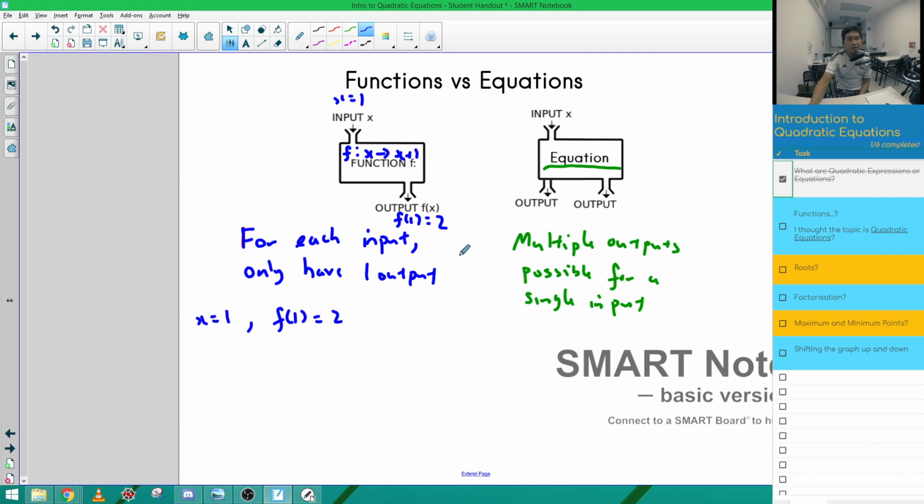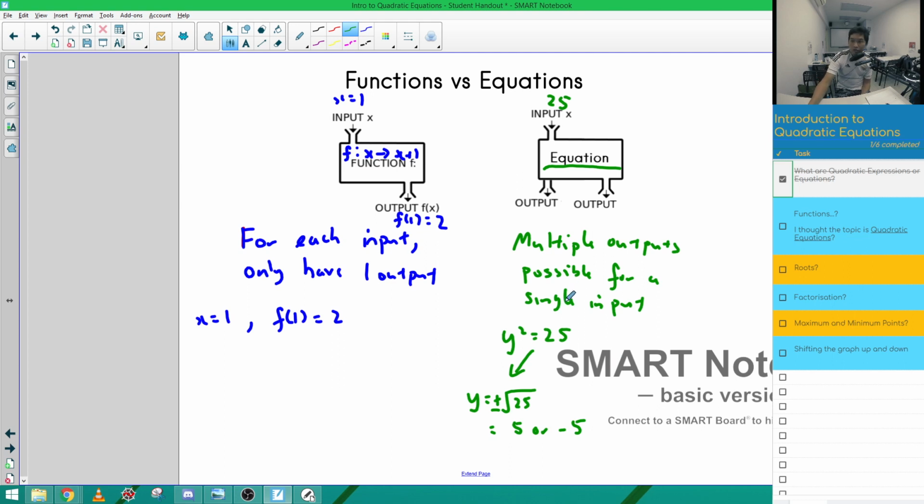Let's look at equations. For example, I have an equation like this: y squared equals, say, 25. If I put 25 inside here, what are the possible values of y? You see that I need to take a square root. y equals plus or minus the square root, because the answer is either 5 or negative 5.